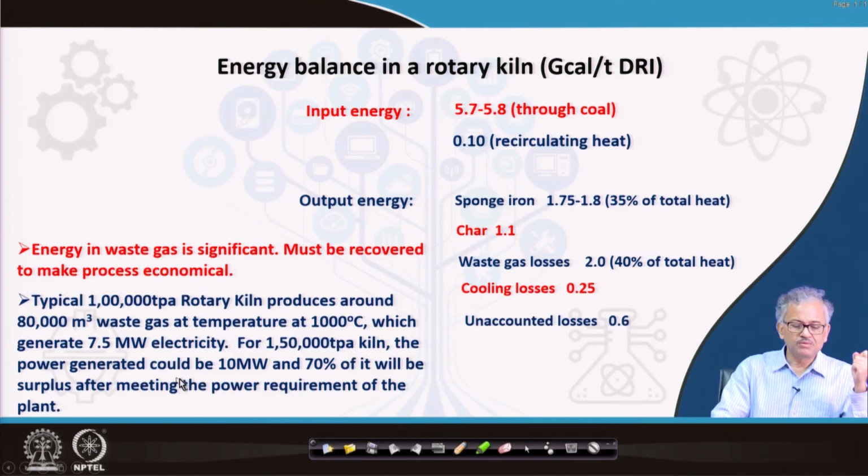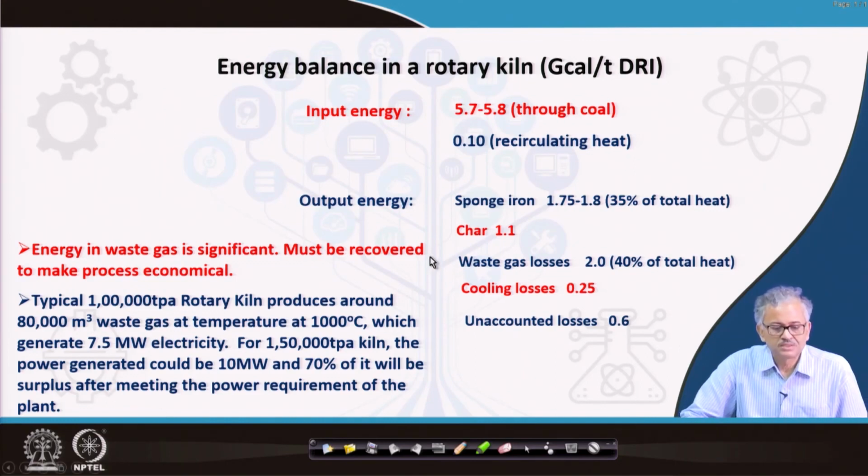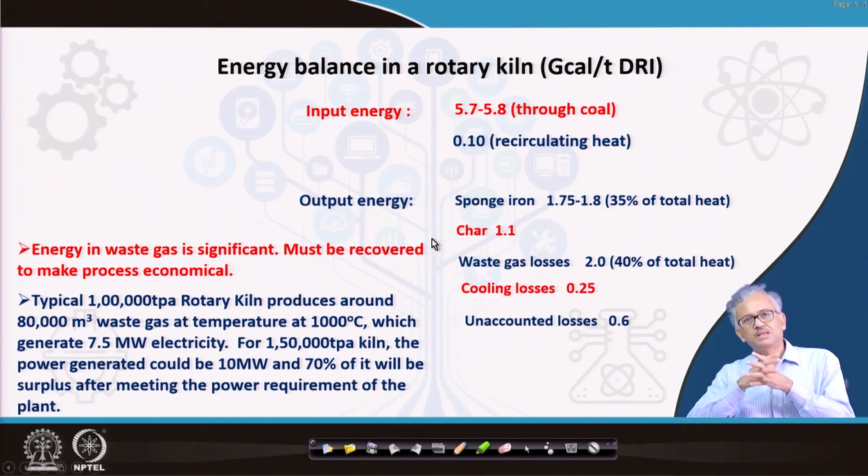Combined, they can produce around 7.5 megawatt electricity, and for a 1.5 lakh ton per annum kiln, it can be around 10 megawatt, and 70% of it will be surplus even after using it in the plant. Okay, you can sell it.